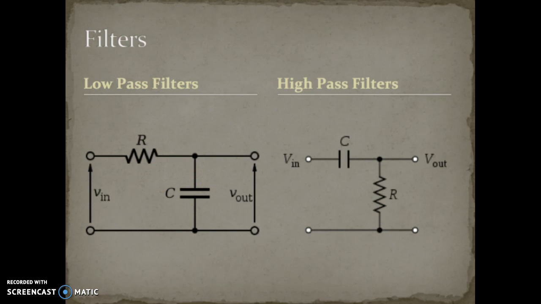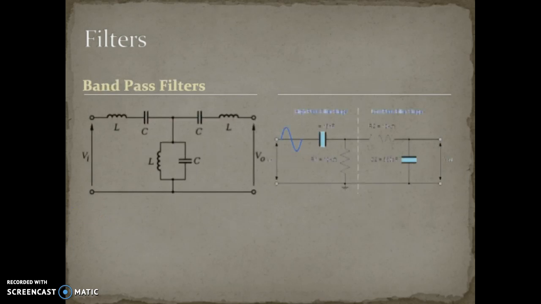High pass filters can use the same setup but reversed. We can set a frequency where anything lower than that will be rejected, and anything higher will be accepted. For bandpass filters, we set up a max and a min range where anything above the max will be rejected, and anything below the min will be rejected too.